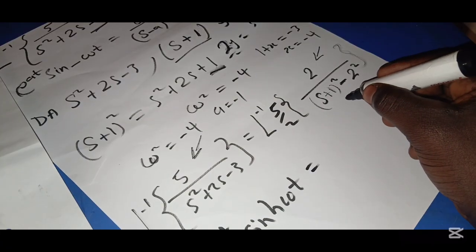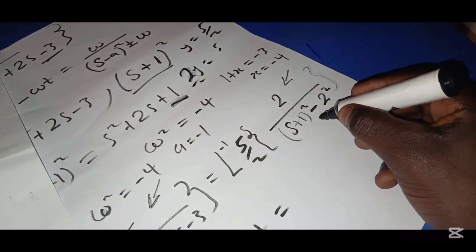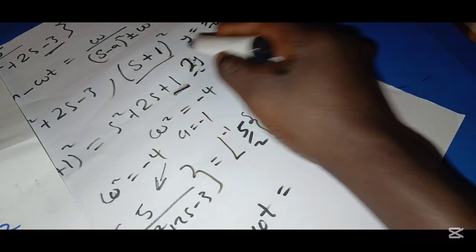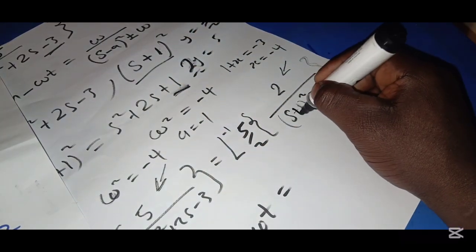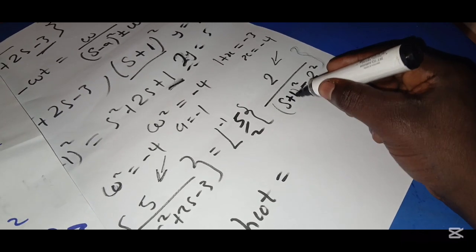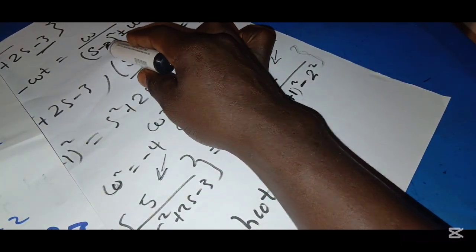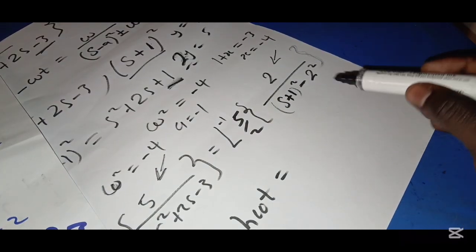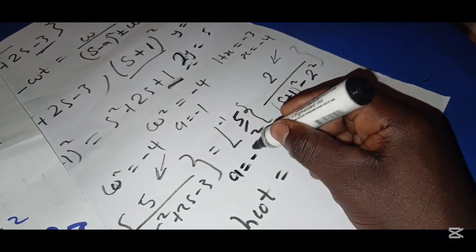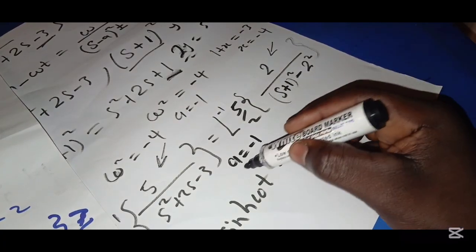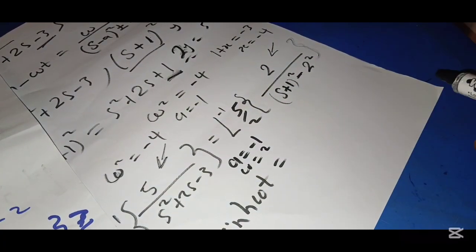We know that comparing this to the general formula here, A is 1, right? But figuring out the value for our A, this place was supposed to be minus, right? But we are getting positive. It means that our A was negative. So our A is negative, right? And this side here is our omega value. Our omega is 2, right?